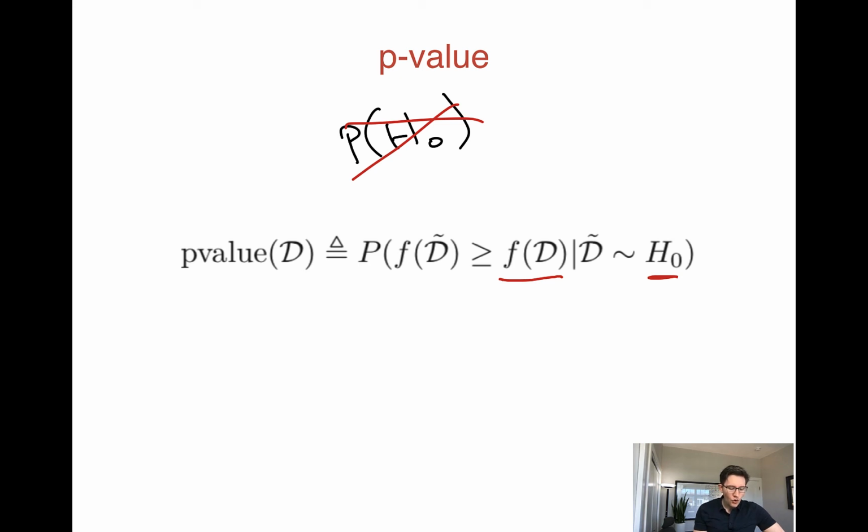And then we're going to find this probability distribution over what is the probability for data sets in general. So we're imagining that our data set D tilde is drawn from the null hypothesis, in this case, that there's no relationship between smoking and cancer.